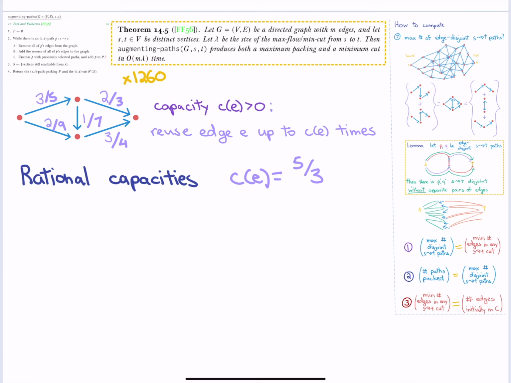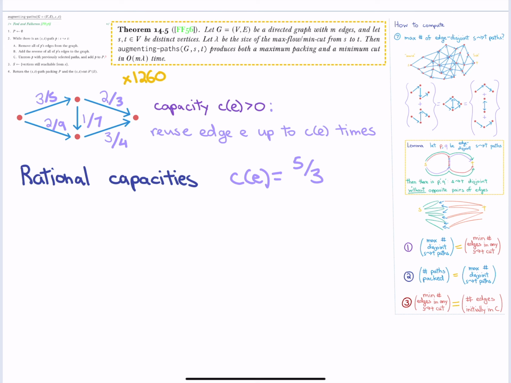Okay, so for rational capacities, if we multiply by a sufficiently large number, we can clear all the denominators and turn everything into a really big integer capacity.